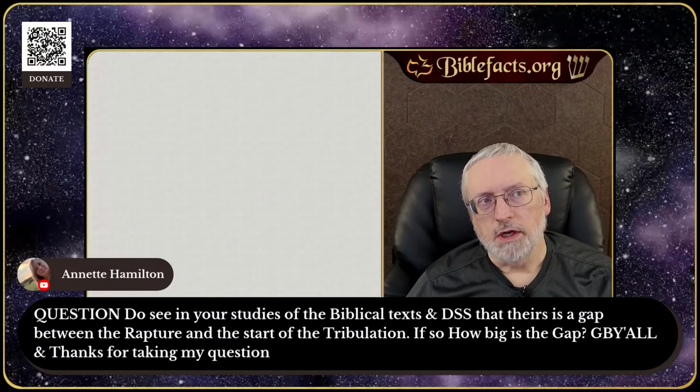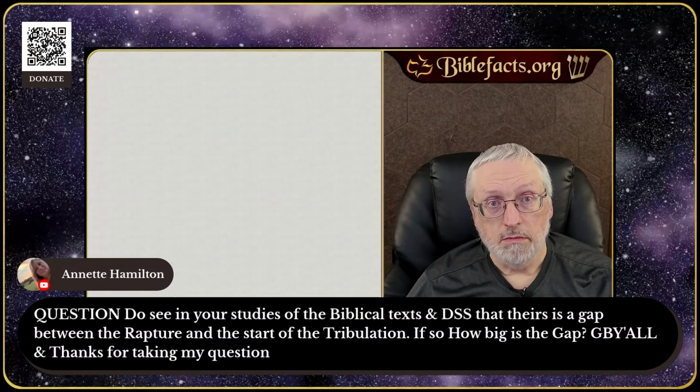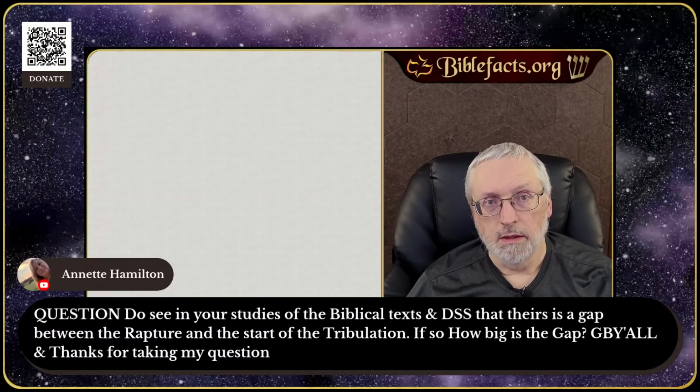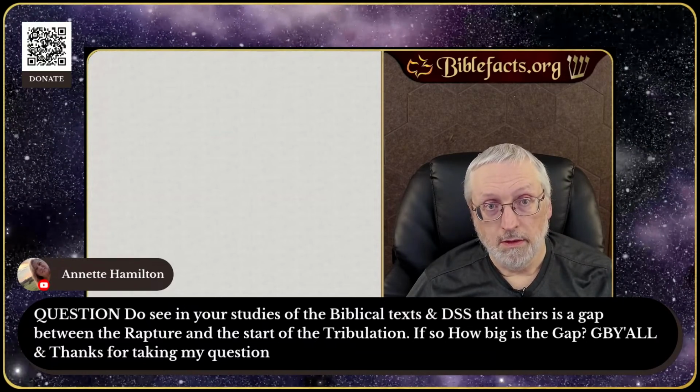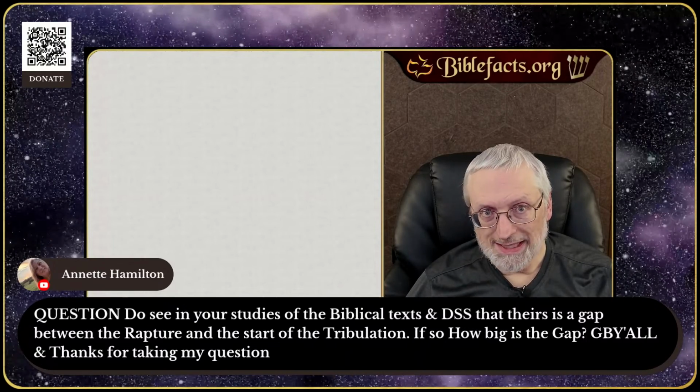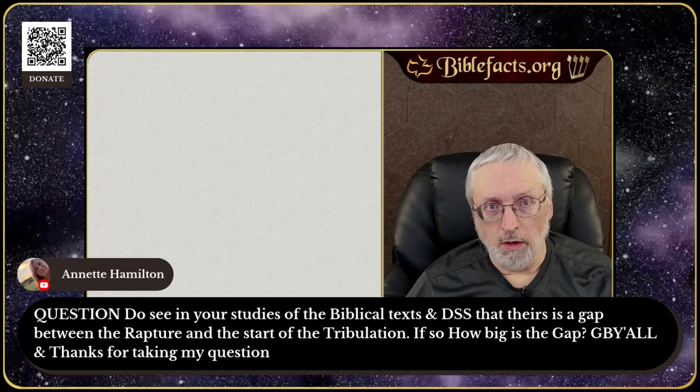In chapter 12, it talks about the time of the resurrection. And then along with the resurrection, there are those that are shining. That would be a glorified body, if you take it literally. So there's a rapture resurrection at the beginning of Daniel chapter 12.